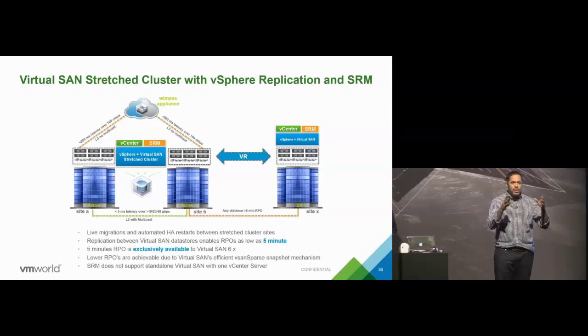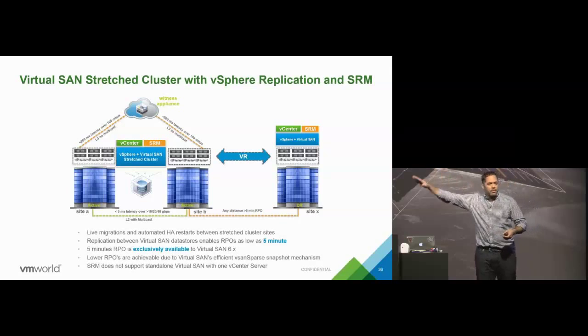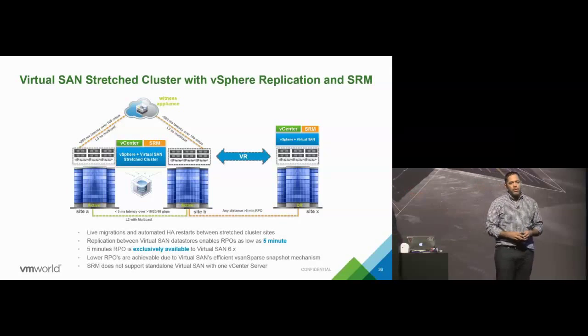So now you can go from a 5 millisecond requirement on the network between active sites to any sort of distance that you support within your RPO and RTOs as your DR site, which is basically out-of-the-box supportability for virtual SAN and SRM, so it could be used as more than just stretch clusters. You basically get two solutions in one, depending on what your requirements might be.